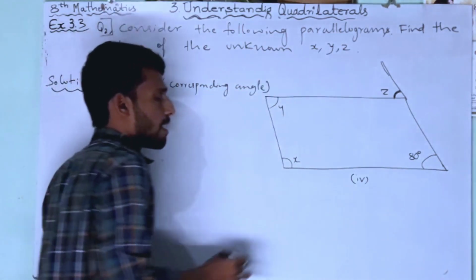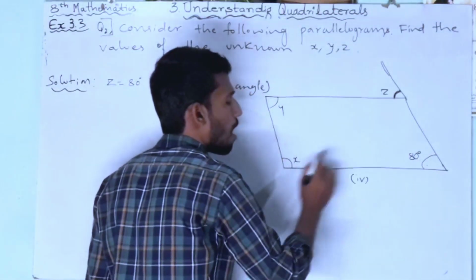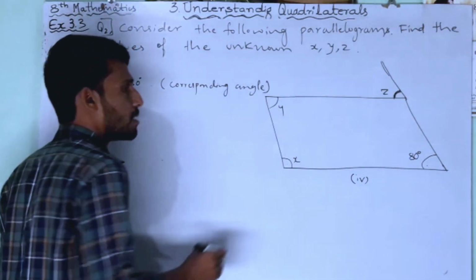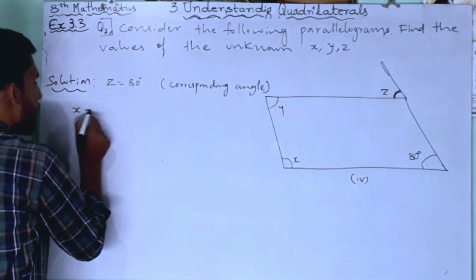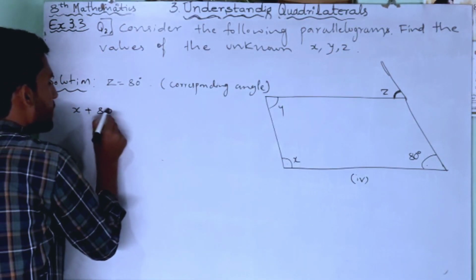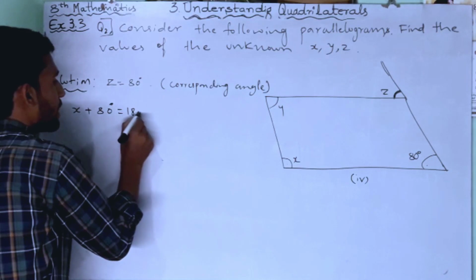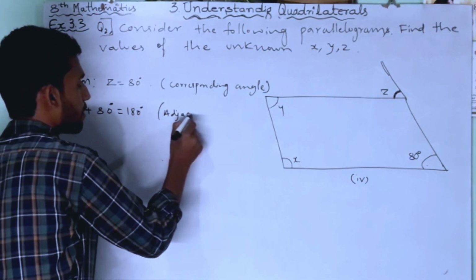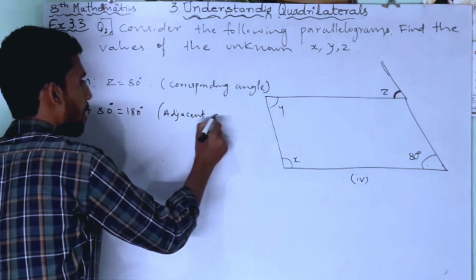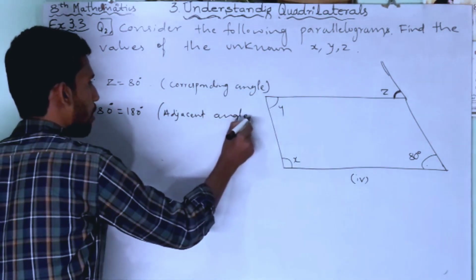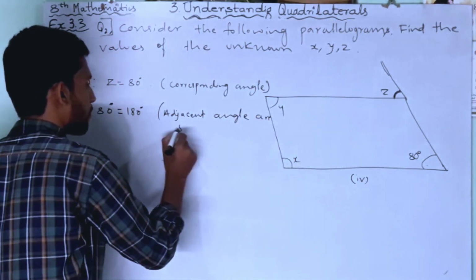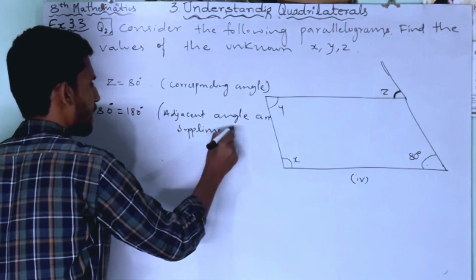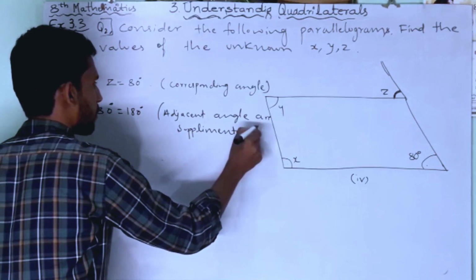Next, adjacent angles are always supplementary in a parallelogram. We can write X plus 80 degrees is equal to 180 degrees because adjacent angles are supplementary in a parallelogram.